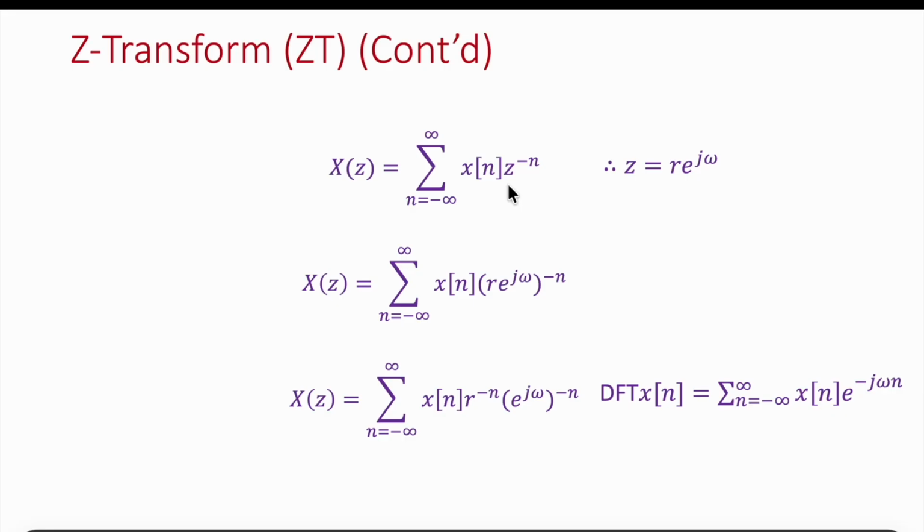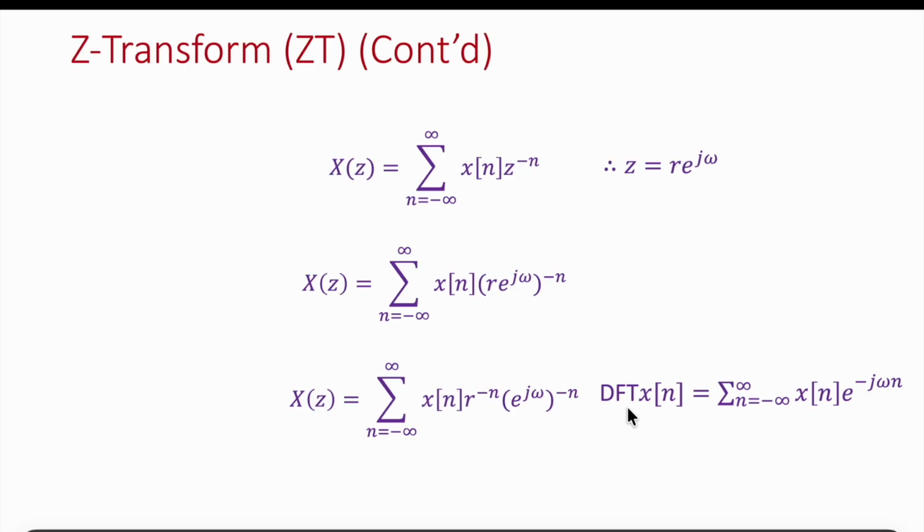Then you can rewrite this with separate powers, like r raised to power minus n and e raised to power j omega power minus n.